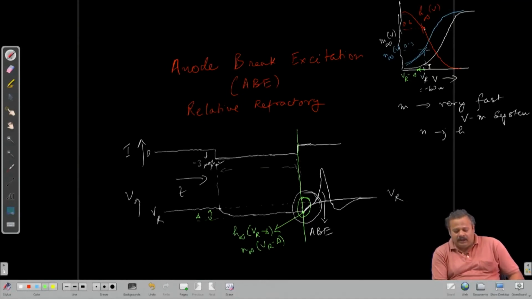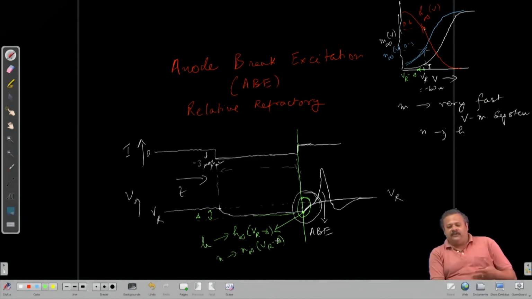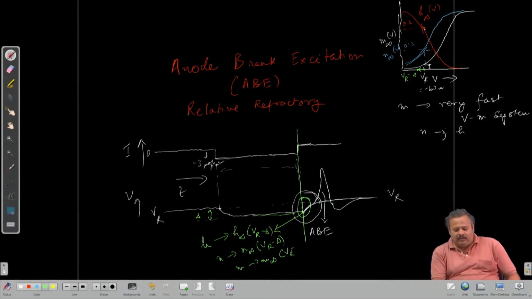Since we are holding it for a long period of time, h and n have reached their steady state values, and obviously m, being very fast, must be at its steady state value, m infinity of Vr minus delta.